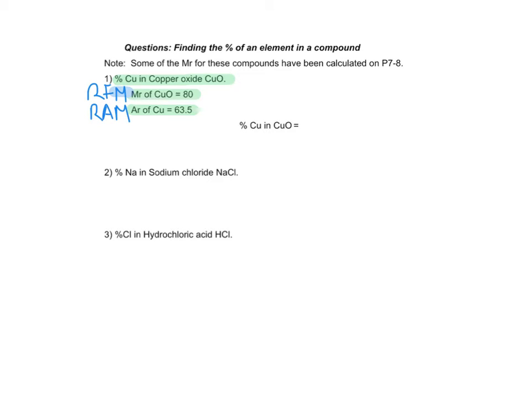So I've been given all the information that I need to use. The AR of copper on the top line will be 63.5, divided by the MR of copper oxide on the bottom, multiplying by 100 then, and I find that the percentage of copper in copper oxide is 79.38%.